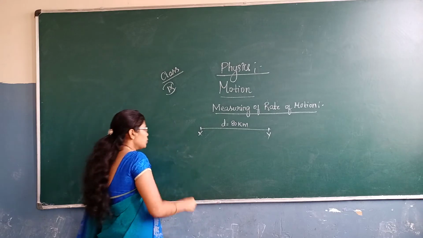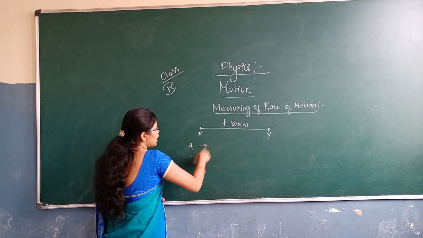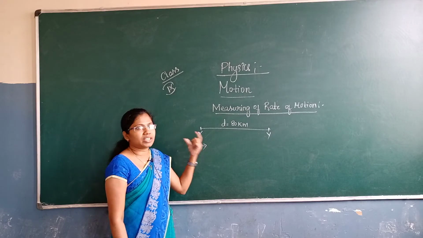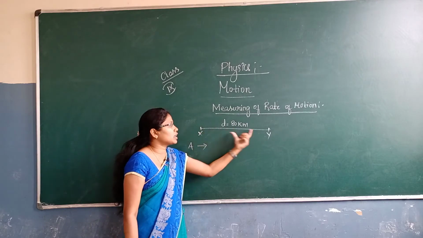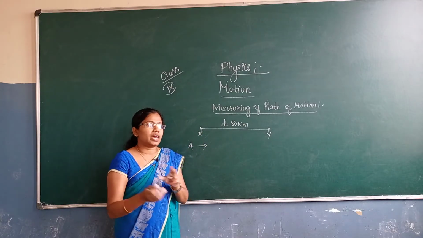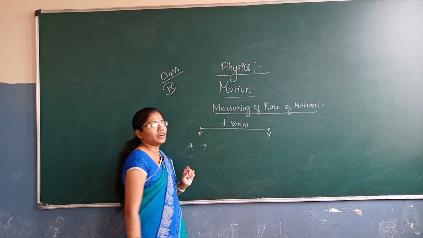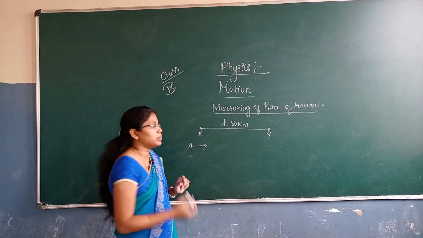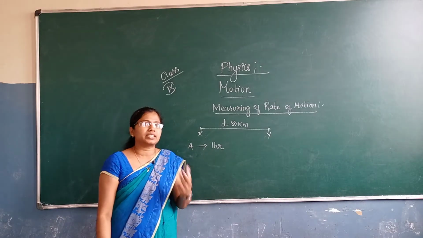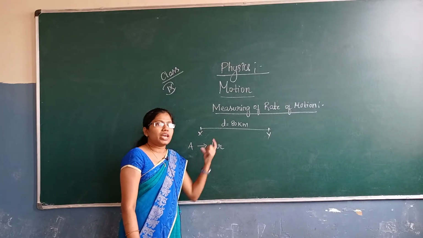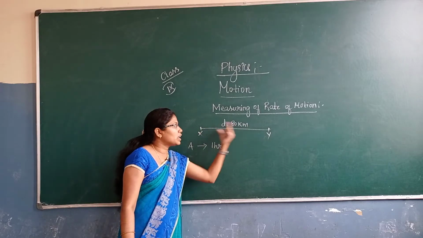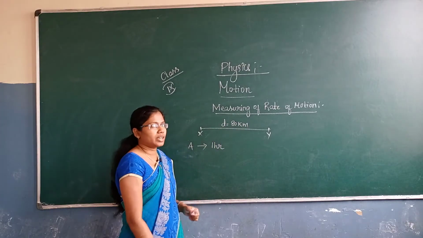Now let us assume a person A. How much time has he taken to cover this distance of 80 kilometers? Let us assume that person A has taken a time of 1 hour to travel a distance of 80 kilometers.